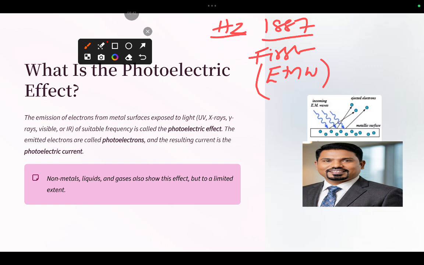He noticed that ultraviolet light helped produce an electric spark between two metal electrodes.